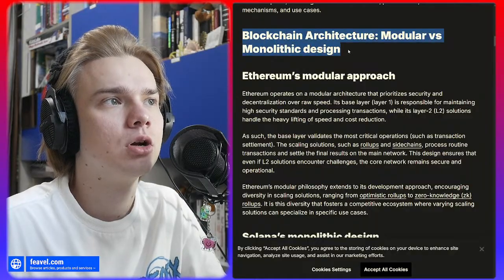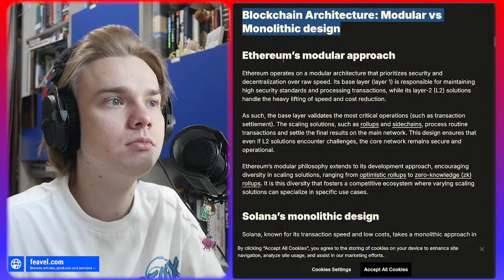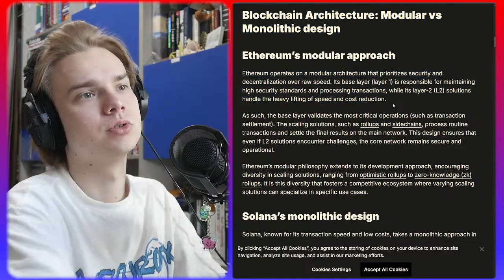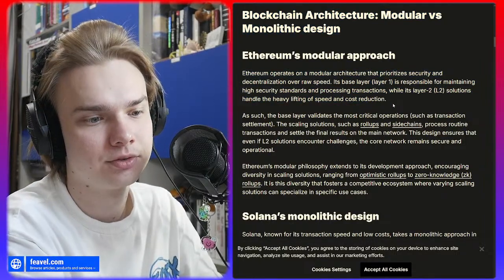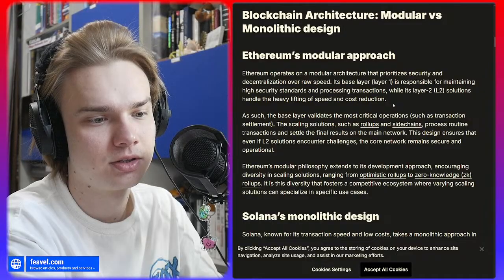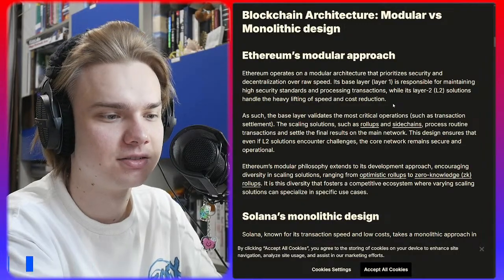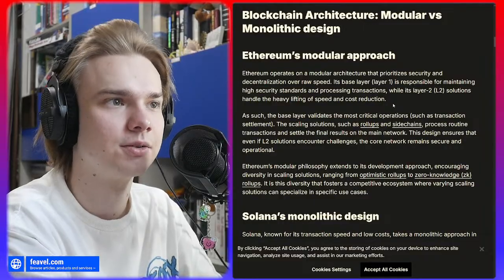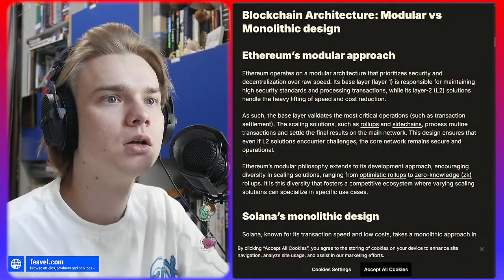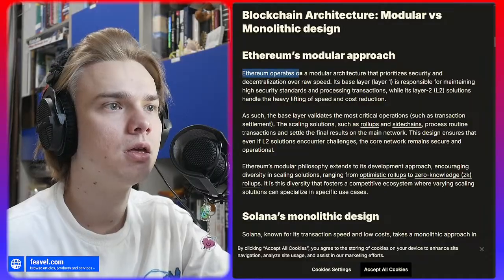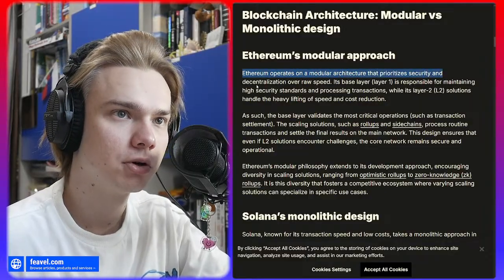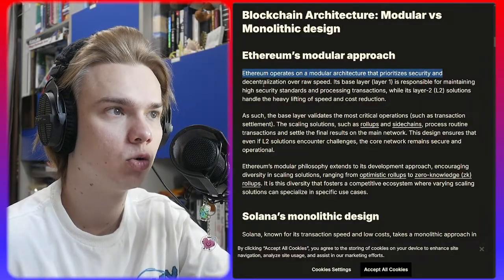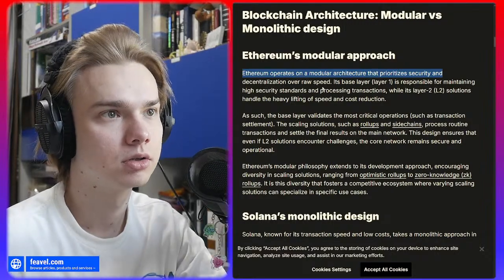Okay, modular versus monolithic. Ethereum's modular approach. What do we have? ETH operates on a modular architecture that prioritizes security and decentralization over raw speed.